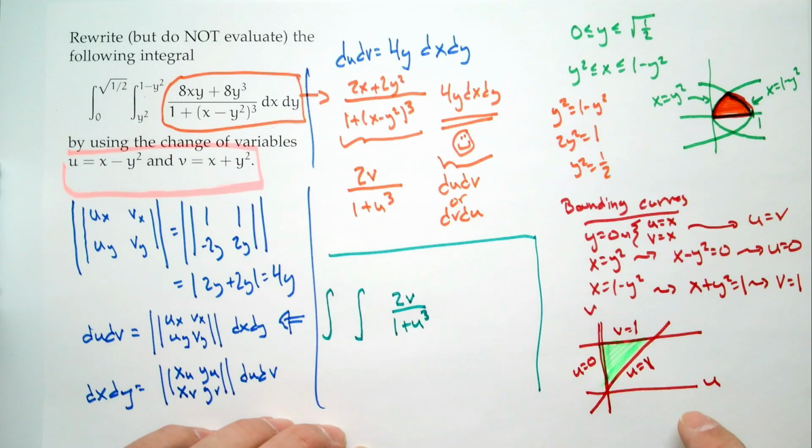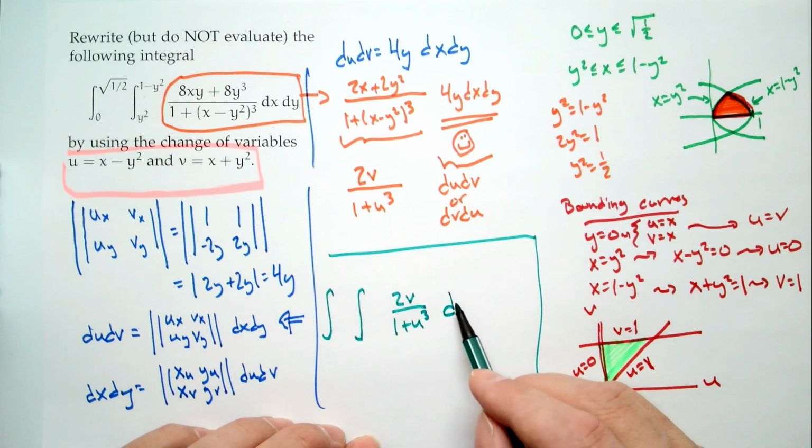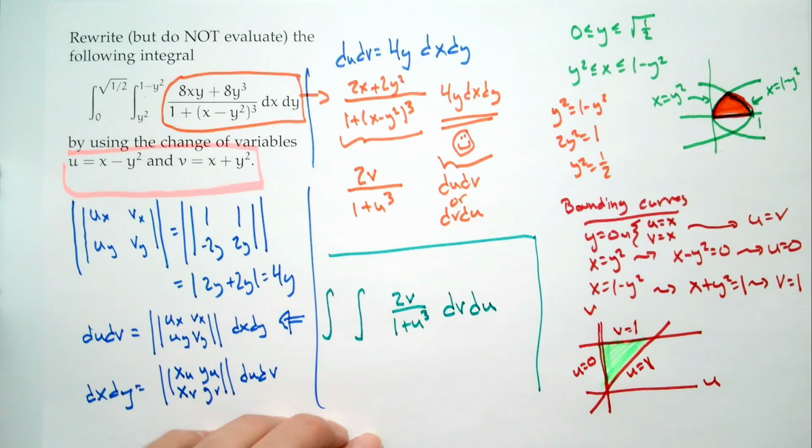Which one would we want to do? You probably would want to do dv du. Why? Look at the integral. What's easier to integrate, with respect to v or with respect to u? You definitely want to integrate with respect to v, because it's v squared, with 1 plus u cubed downstairs.